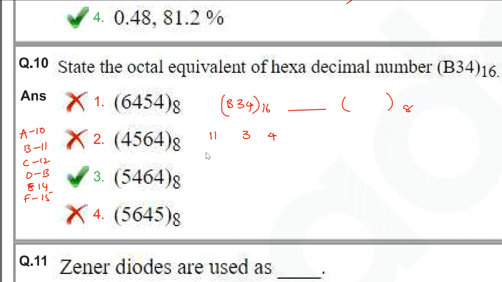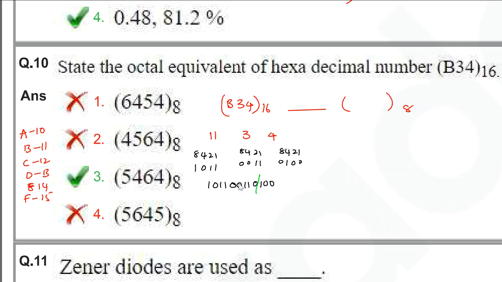Now I will write in terms of the equivalent binary values, using weights 8, 4, 2, 1. So 4 is 0 1 0 0, 3 means 0 0 1 1, and finally 11 means 1 0 1 1. I take this group, 1 0 1 1 0 0 1 1 0 1 0 0, and rearrange it into groups of 3 bits.